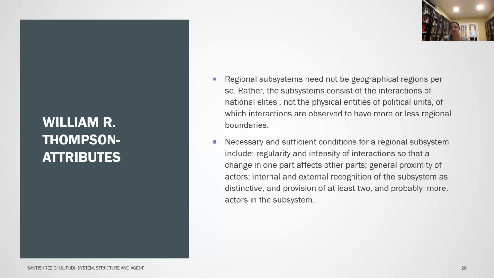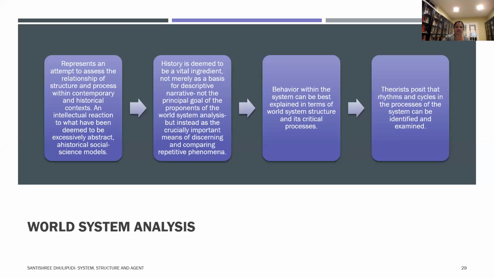Necessary and sufficient conditions for a regional subsystem include regularity and intensity of interaction, so that a change in one part affects other parts; general proximity of actors; internal and external recognition of the subsystem as distinctive; and the provision of at least two and probably more actors in the subsystem.